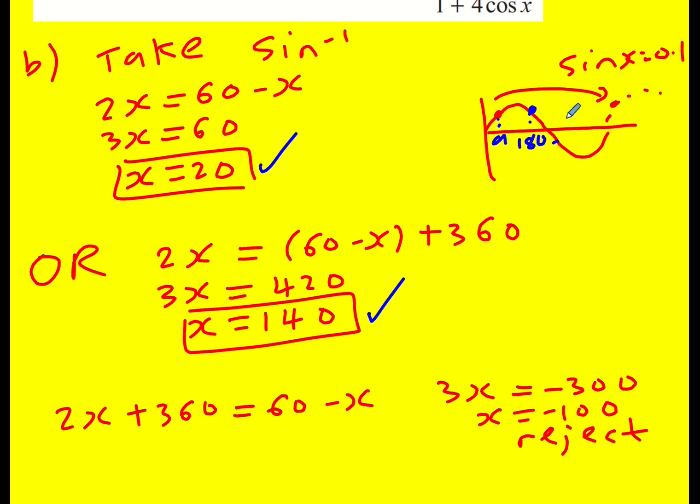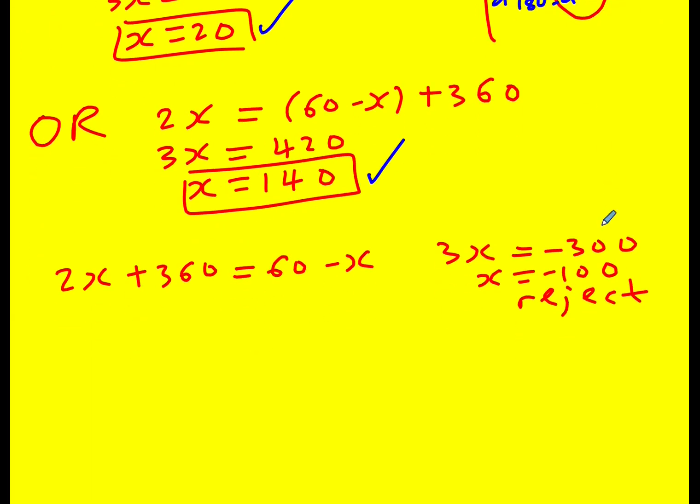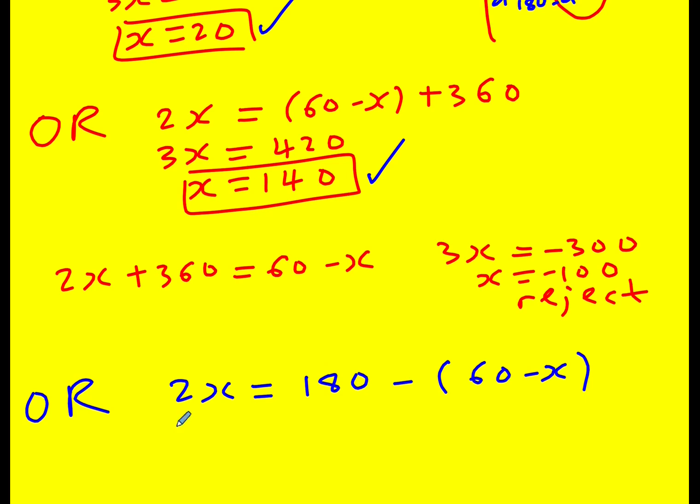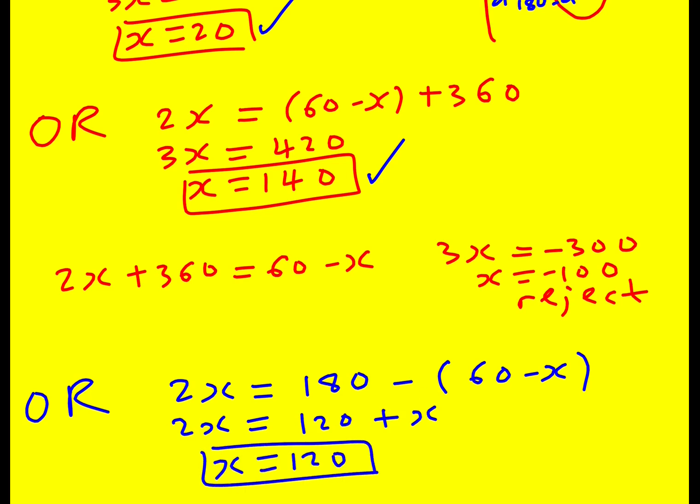So if this was A, then another solution is 180 minus A, using the symmetry of the curve, because that point is 180. So our third solution is going to be 2x equals 180 minus this 60 minus x. And that will give 2x equals 120 plus x, and therefore x is 120. And we've got a third solution.